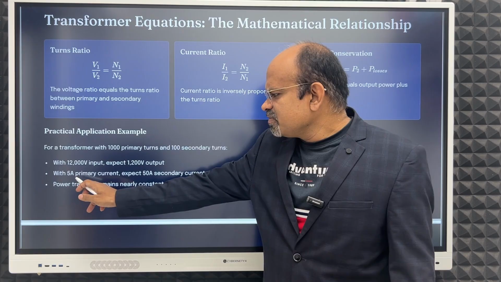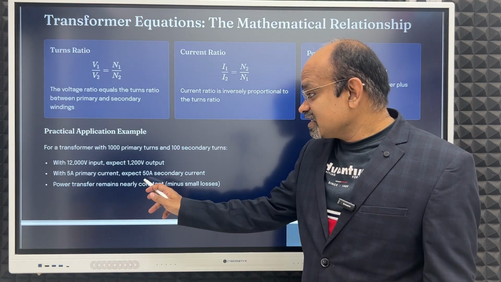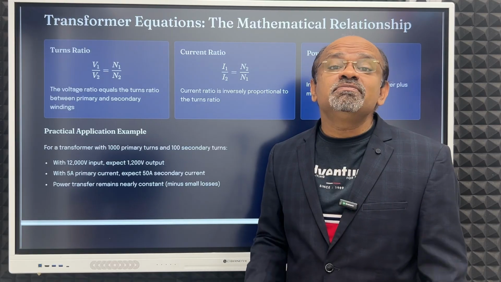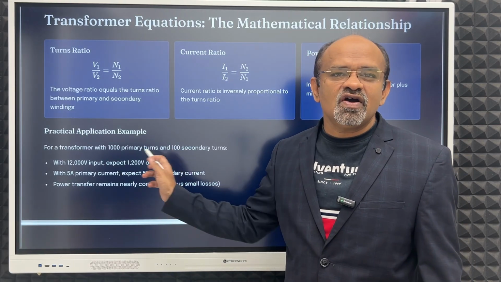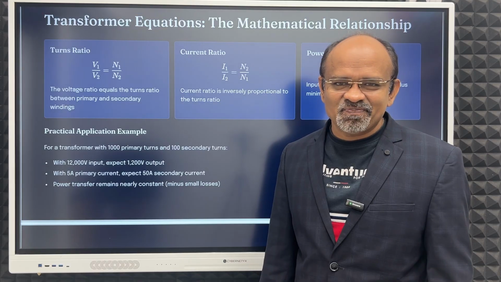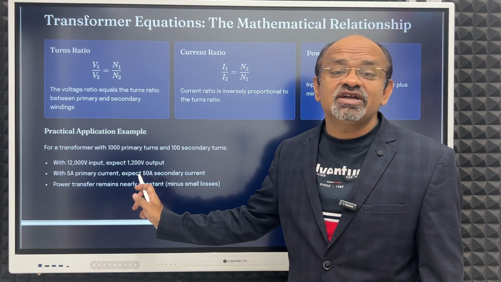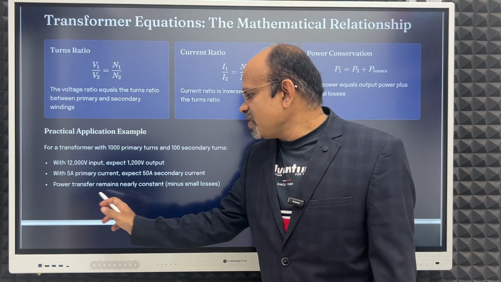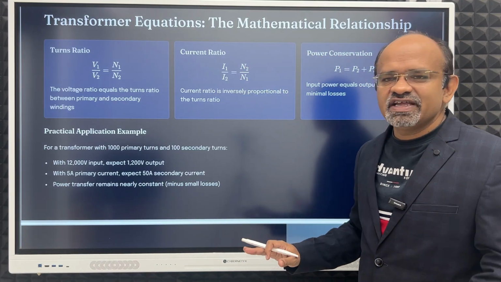Now with a primary current of 5 ampere, expect 50 ampere, 10 times more current in the secondary. It is all because of this turns ratio. So current is inversely proportional: it increases while the voltage decreases. Power transfer remains nearly constant because losses are nearly zero.